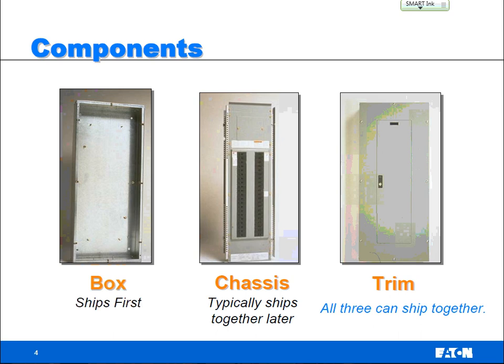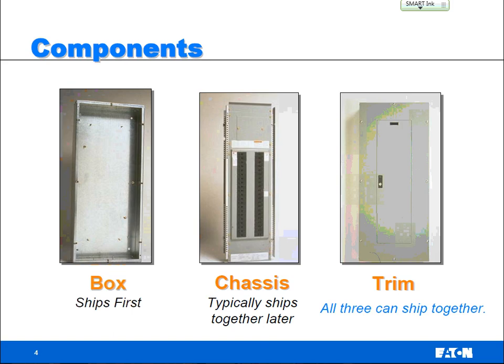Once the box gets installed, the chassis hits and gets installed. Just to show you how this works, the chassis itself is mounted on a couple of rails. The rails are really what mount inside the panel board. On the chassis, you've got a main breaker, which is connected to A, B, and C, 3 bus bars, and in the back of the bus bars, you see these bolts.